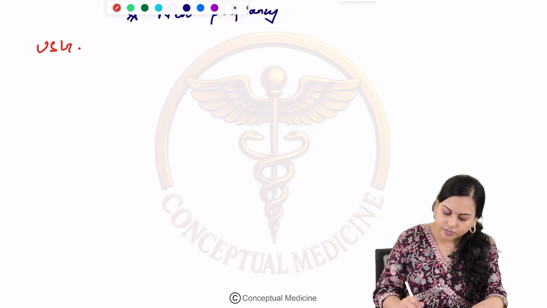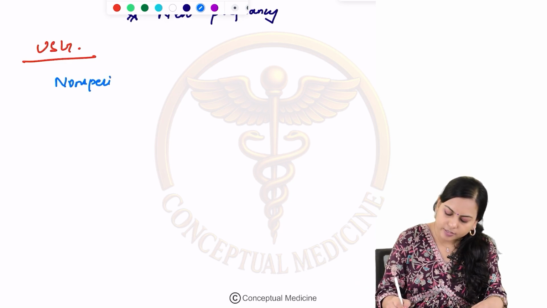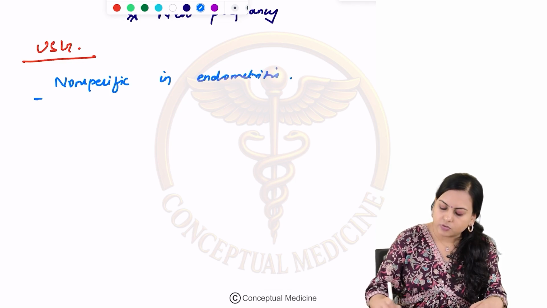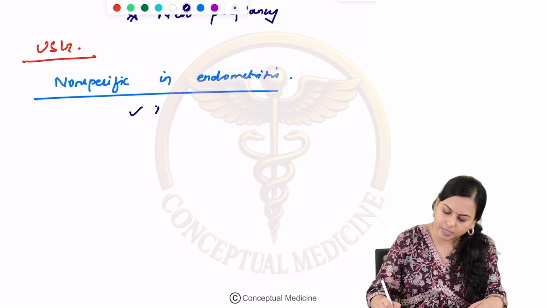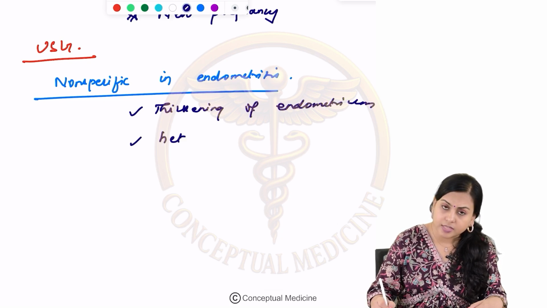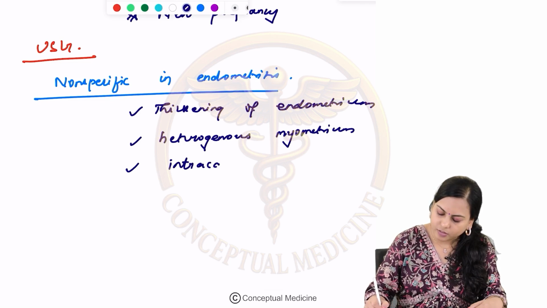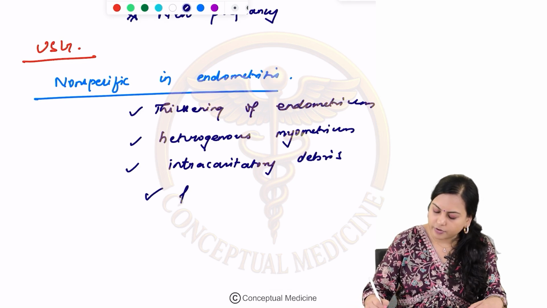Now, what are the USG features? USG features are generally non-specific in endometritis. So, what you will have is thickening of the endometrium, or there can be a heterogeneous myometrium, there can be intracavitary debris or fluid or gas inside the cavity of the uterus.